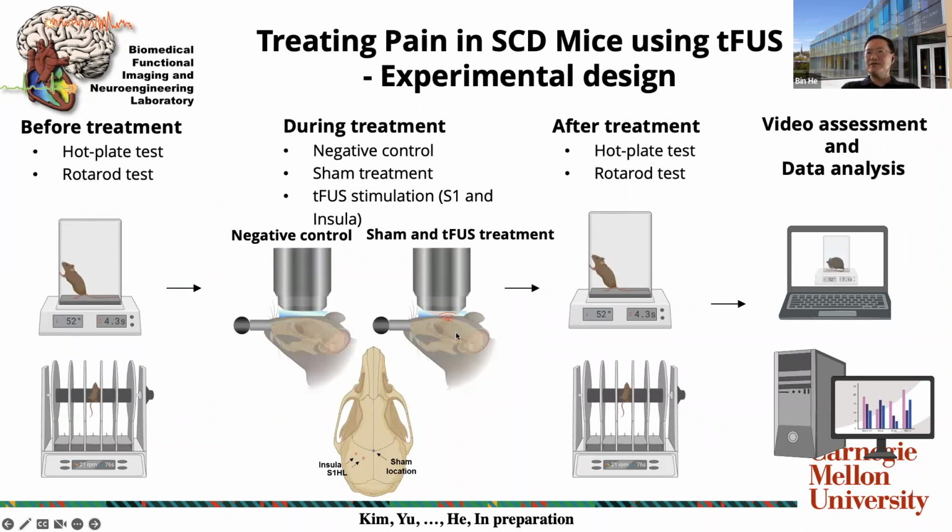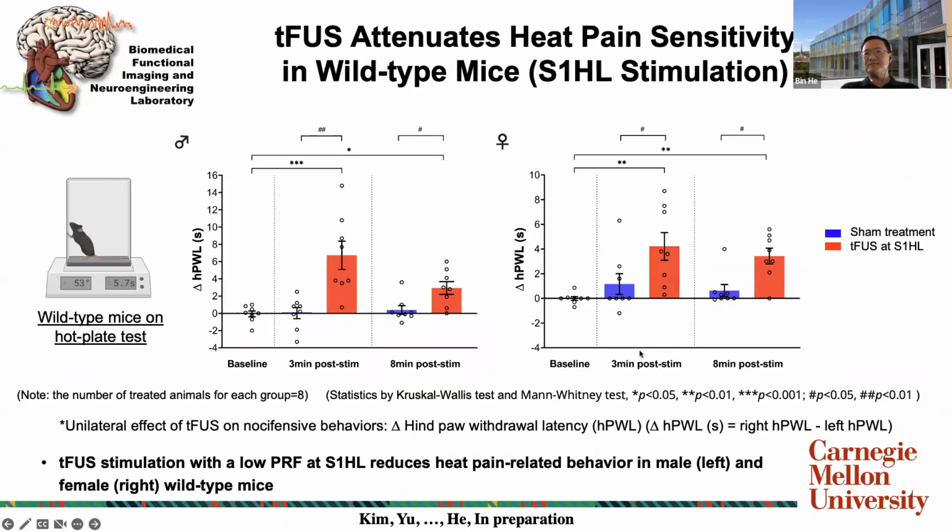We have a sham control, basically directing ultrasound to a different location over the skull in the brain. And then we have a negative control, that is, we do not emit any ultrasound energy. After stimulation, we do another behavior assessment to see the effect on pain sensitivity.